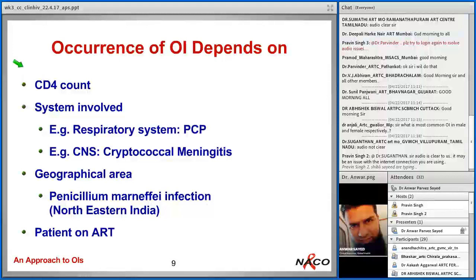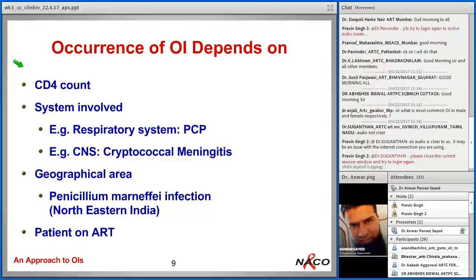Like PCP, the most common system involved is the respiratory system. Cryptococcal meningitis, the most common system involved is CNS. We mentioned some geographical preferences like Penicillium marneffei infection in northeastern India, and also we talked about Leishmaniasis, which has preferences in North India, in the region of Bihar, UP and Jharkhand. Then whether the patient is on ART or not.